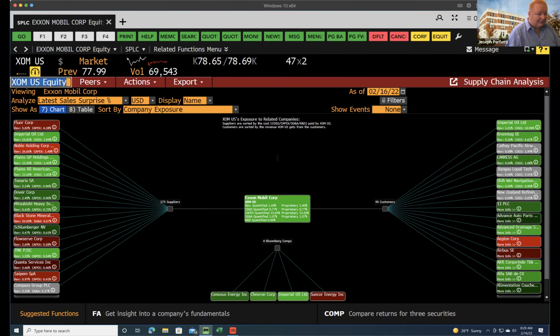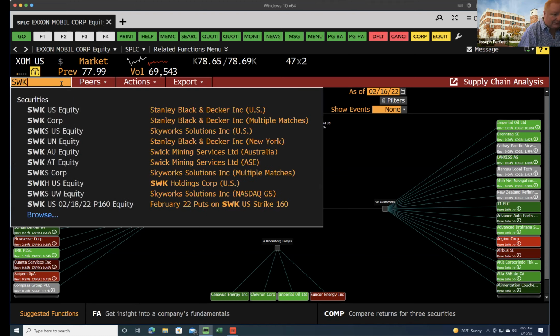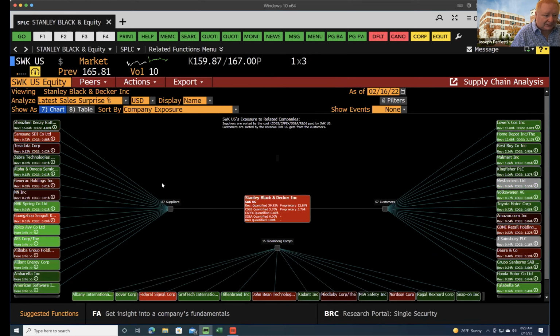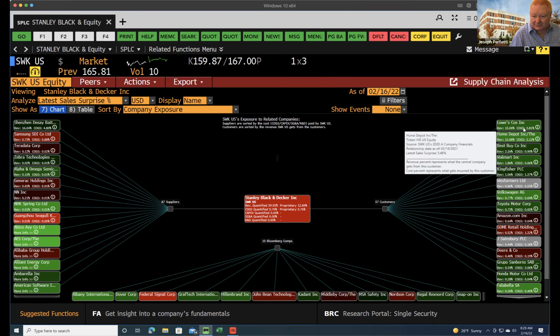So for example, if I am SWK, Stanley Black & Decker, you'll notice that 15% of their sales go through Lowe's and 12% go through Home Depot. Those two companies, Lowe's and Home Depot, represent 27% of their sales.